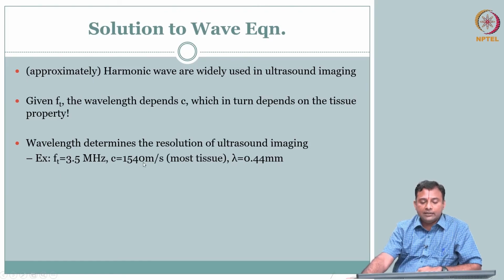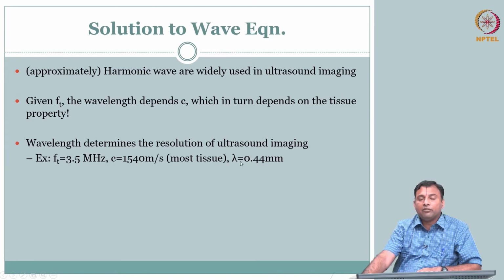Assume the medium has a speed of sound of 1540 meters per second, a very common velocity at which most scanners are calibrated. So, f is this, c is this, what is your lambda? 0.4 mm, meaning sub-millimeter, as I said earlier.